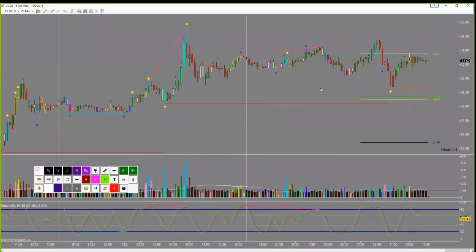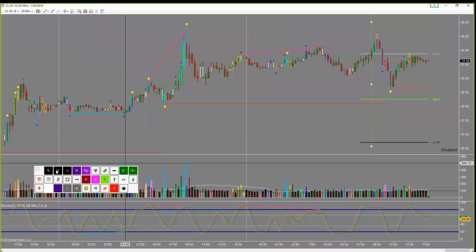Okay, so here we are. This was the high right here that we traded, and this is a 20-minute chart. So we're looking at the open right here. Yeah, so that's the opening bar right there.